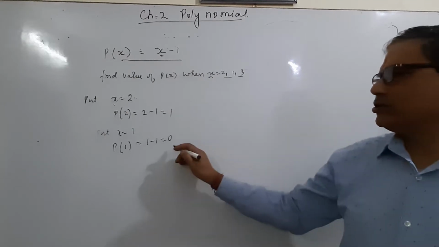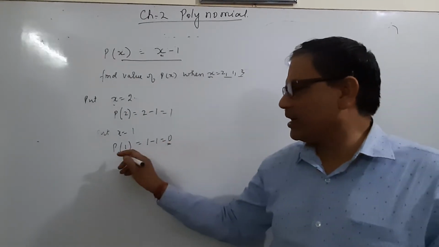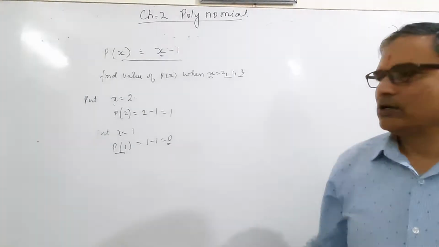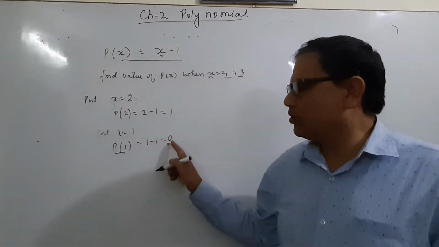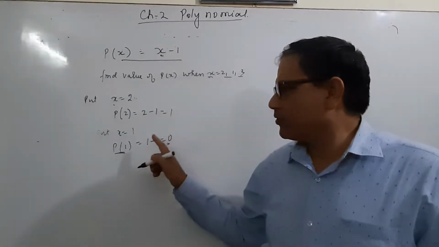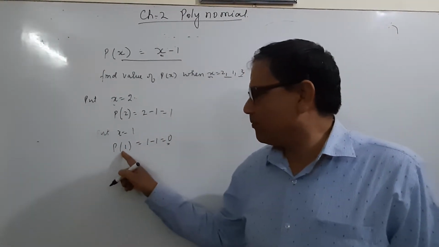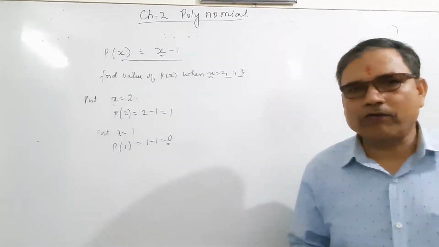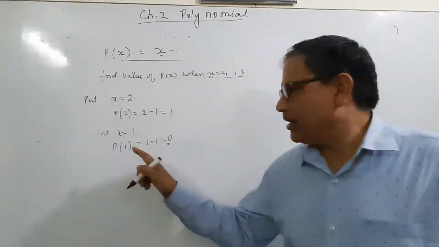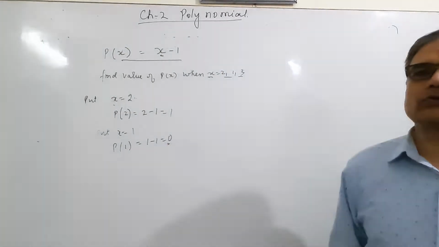It means 0 is the value of this polynomial when x is equal to 1. It means when we put the value of x equal to 1, then the value of the polynomial is 0.